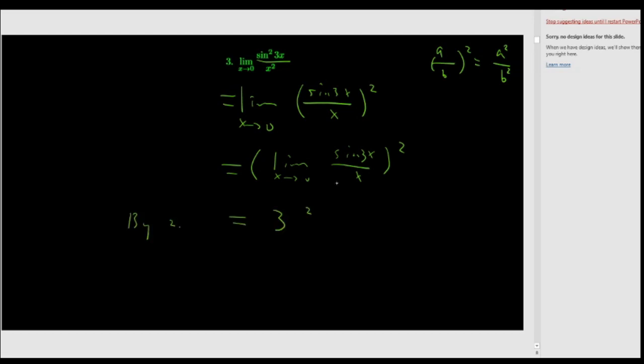We compute 3 squared, we have 9. On the assignment, you are going to have a question like that. If you see you are taking the limit of something to some power, try to use that property. In many cases, it's easier. Okay, that's my intention for question 3.